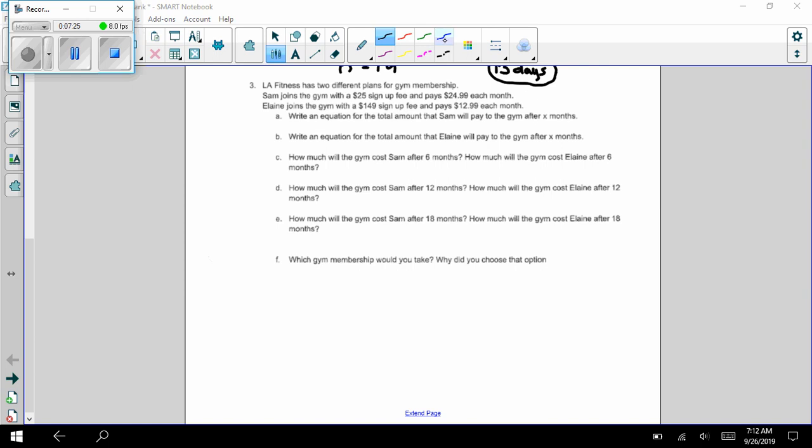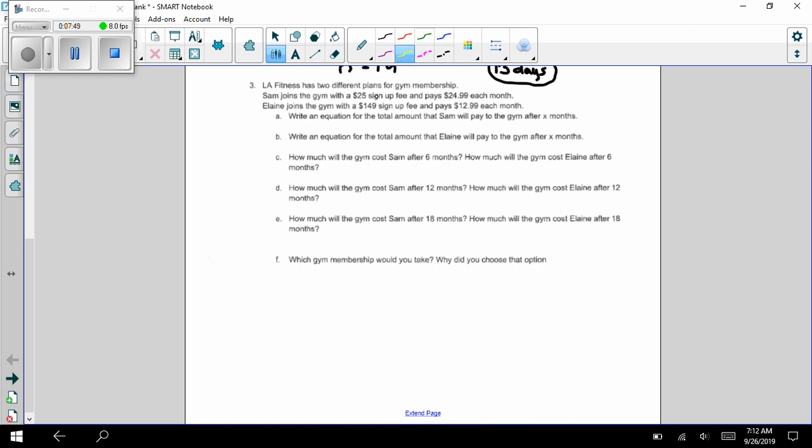All right, last problem. As you can see, there are multiple letters here, so multiple prompts for the one question. This one's a very, very familiar one because it's talking about memberships. It says LA Fitness has 2 different plans for gym membership. Sam joins the gym with a $25 sign-up fee and pays $24.99 each month.